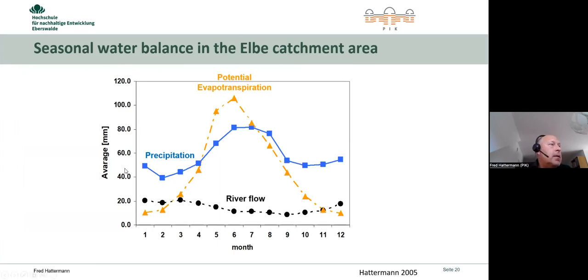Here is the water balance of the Elbe River. Most parts of East Germany belong to the Elbe River Basin, and precipitation, for example, is higher in summer, but river flow and water availability and runoff is lower in summer.